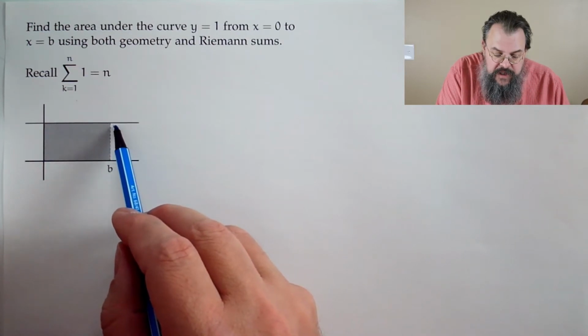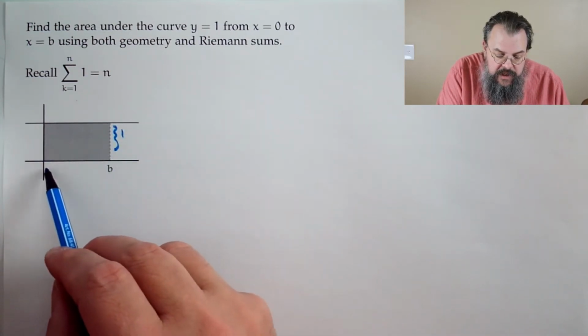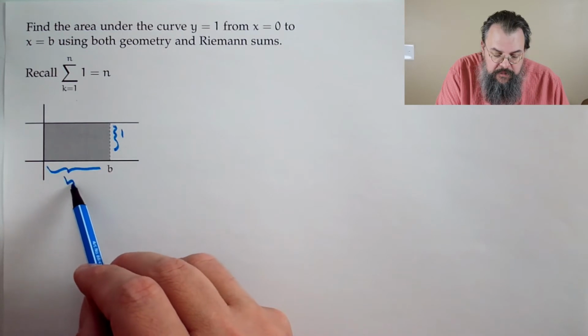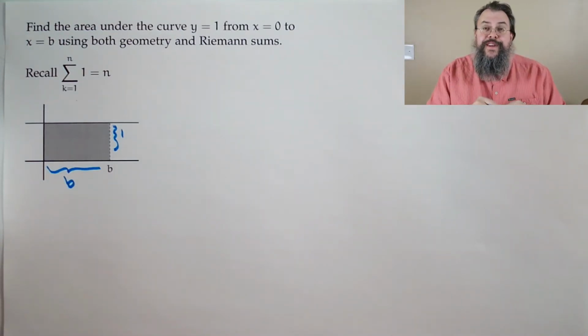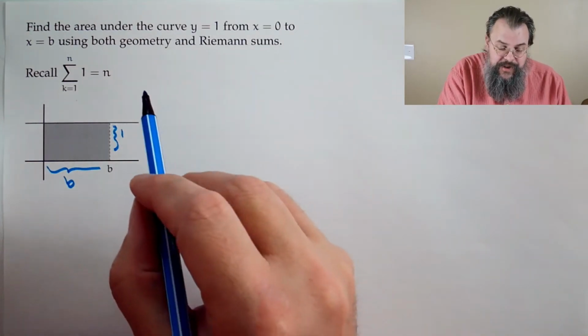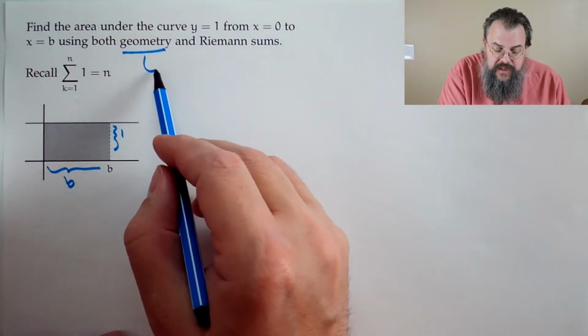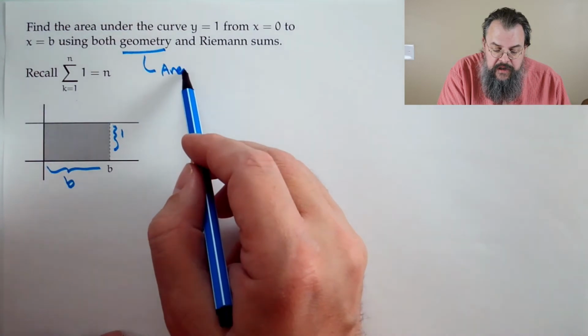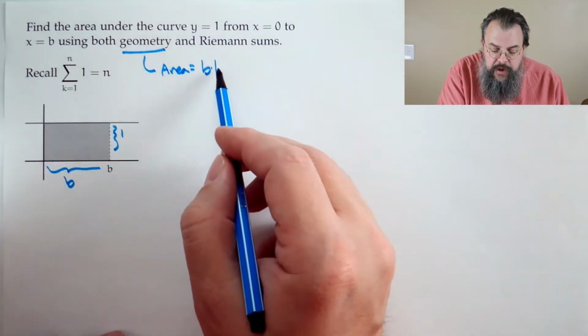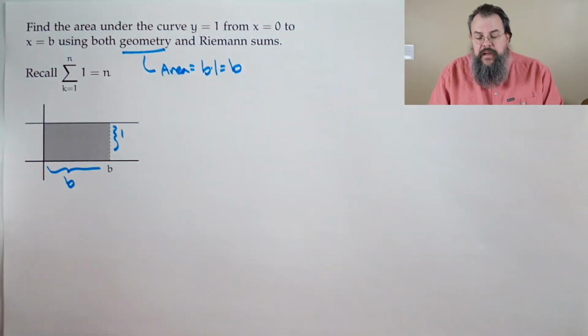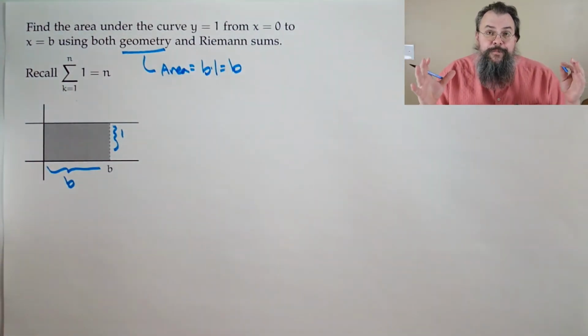So in other words, this height is 1. Here, this length is b. And if we look at the shape that's formed, it's a rectangle. So the geometry says, oh, area, we can think of it as our base times height, b times 1, which is b. All right, done.